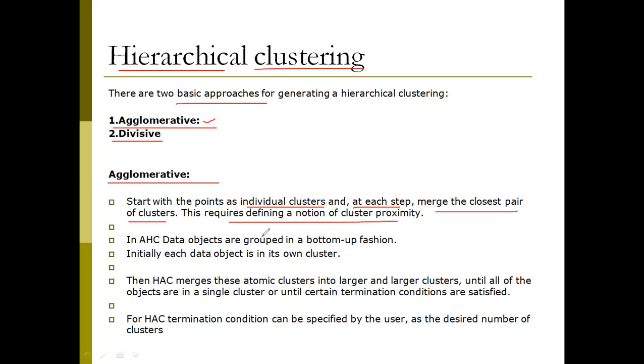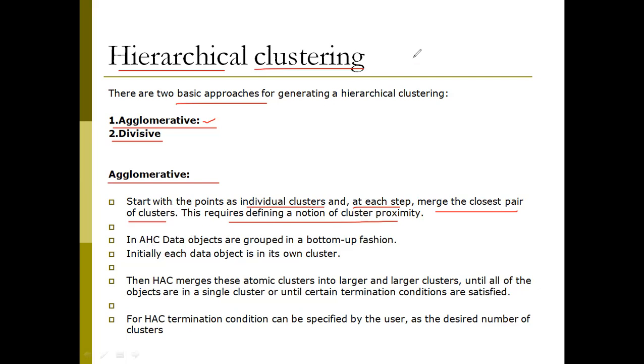For this merging we use a notion called cluster proximity, a kind of measurement for finding the similarity between two clusters, and after that we merge those two clusters. This is the agglomerative process.